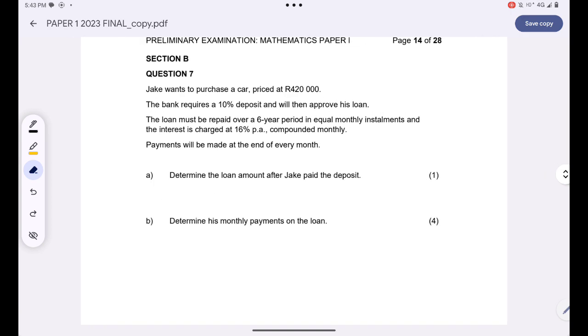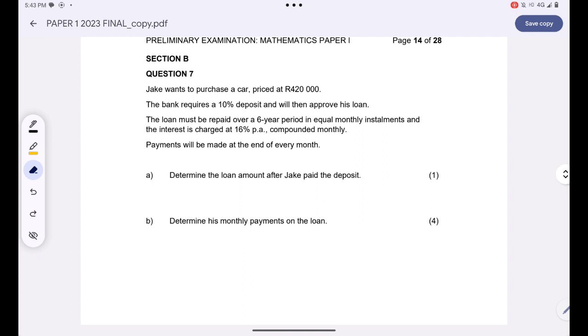Okay, we are told that Jake wants to purchase a car which is priced at 420,000 rands. The bank requires a 10% deposit, and will then approve his loan.